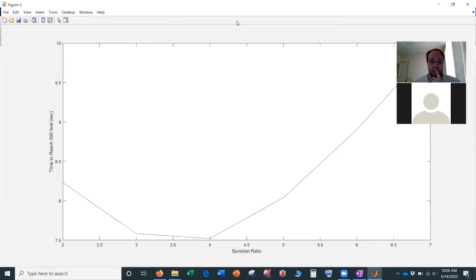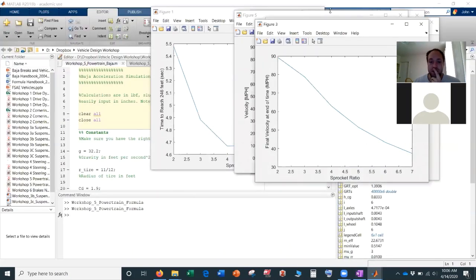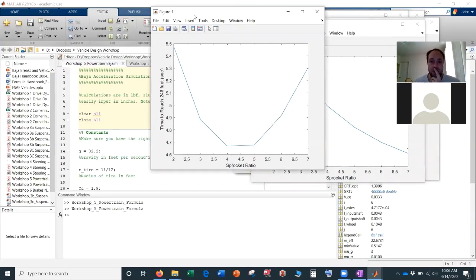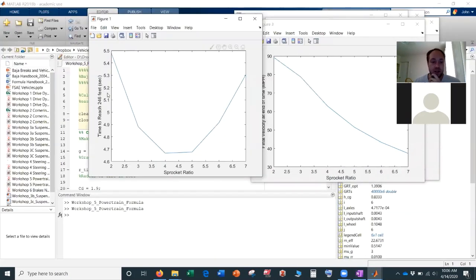And so now we can begin to see the time to reach. That's 2, but here you can see 100 feet. So you can see somewhere between 4 and 5 is actually optimal for this set of transmission and this engine. So this is what it's predicting, right? I mean, there are obviously errors in this code.